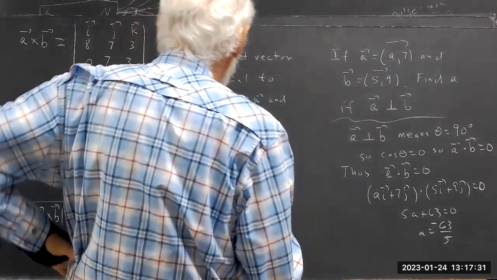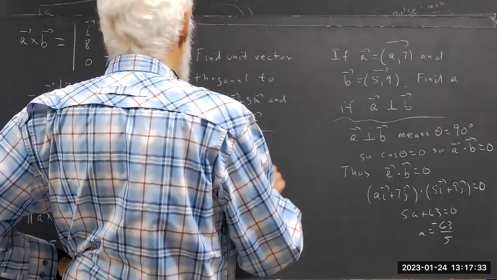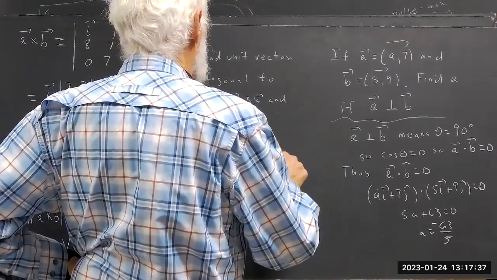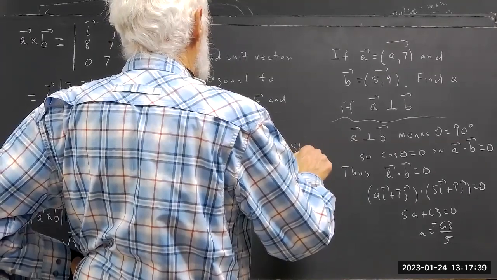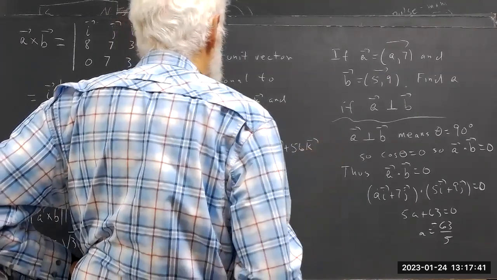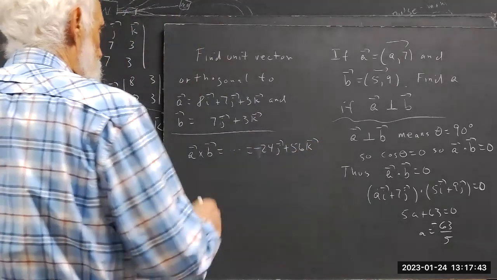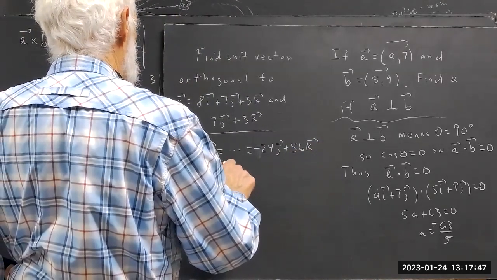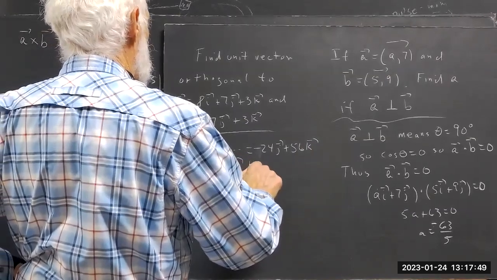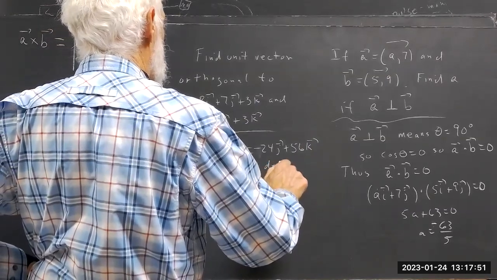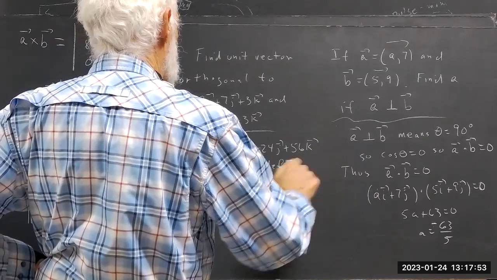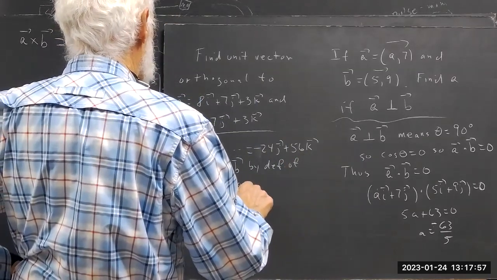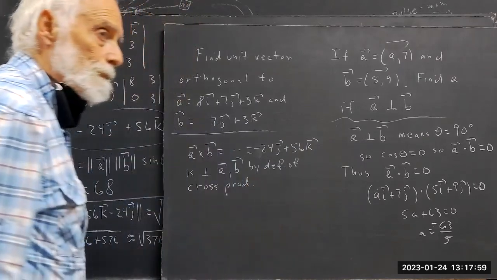Okay, so A cross B is equal to what we got, 56. Well, let's do it in order. Negative 24j plus 56k. Okay. The definition of the cross product tells you that.